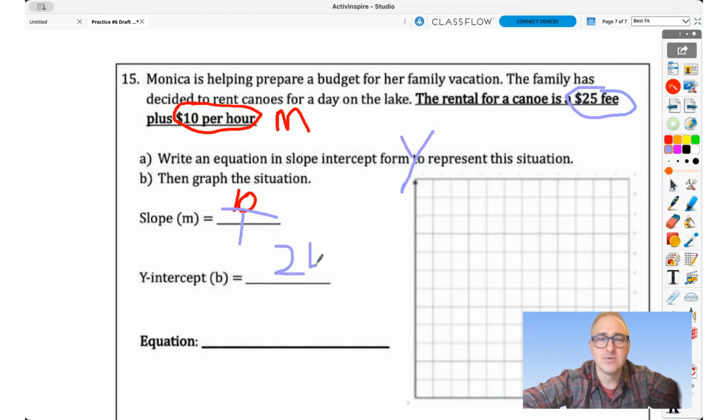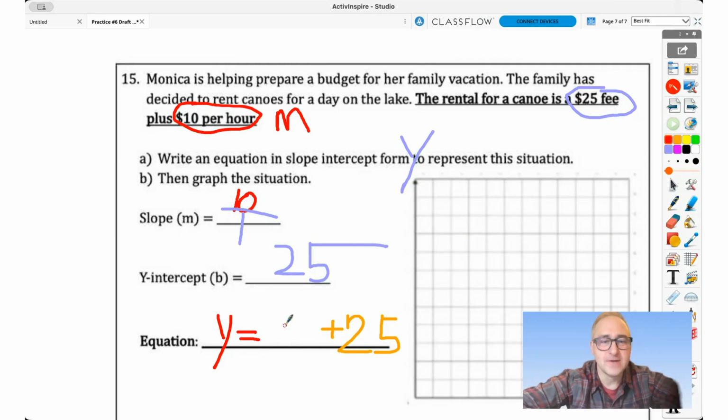Our y-intercept is 25. So when we write this equation, although the 25 came first, it's going to go in the back of the problem where our b goes. So I'm going to put a plus 25 here because she has 25. It's not that she spent 25 yet.